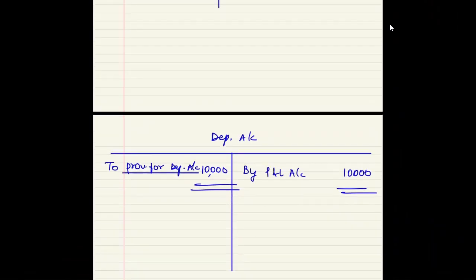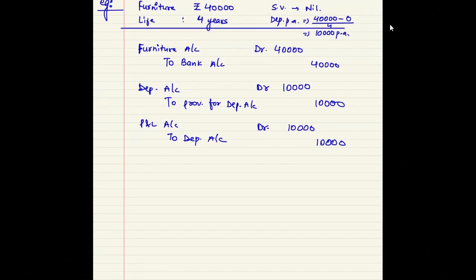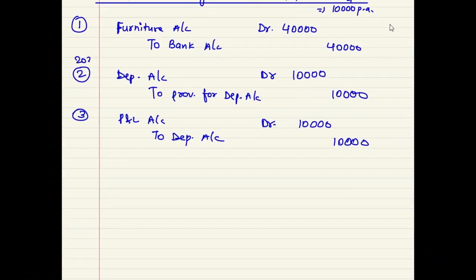Now, moving forward to the next year, the first entry is the same. The second and third entries will repeat again and again. So this was for 2020. Now it is 2021.